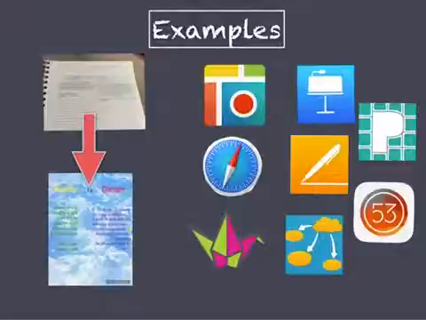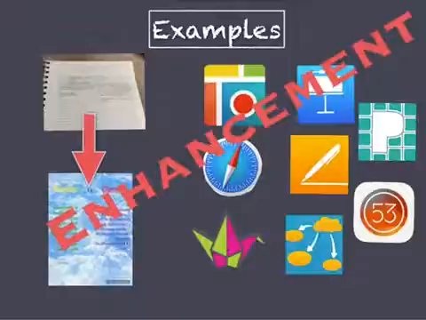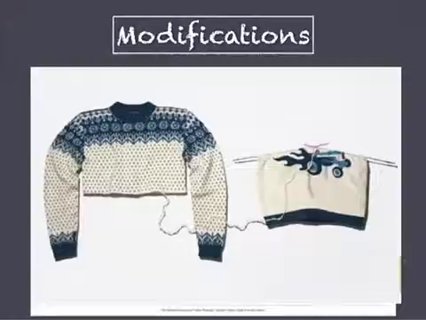The first 2 levels, substitution and augmentation, fit into the enhancement section, and after that now we move on to the transformation section, where we start to see some real redesign in the original task. We now have moved up to the third level of the SAMR model, which is the first part in the transformation section.